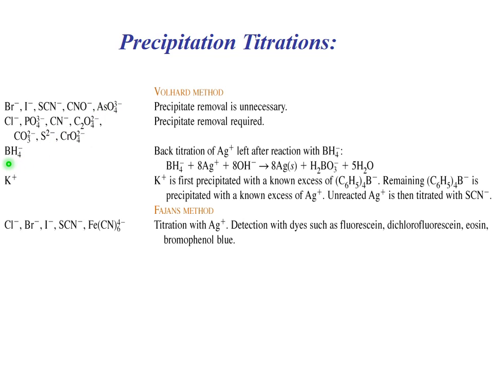You can do even more exotic titrations like borohydride or potassium ions. Complicated procedure. But again, the most common use is chloride.